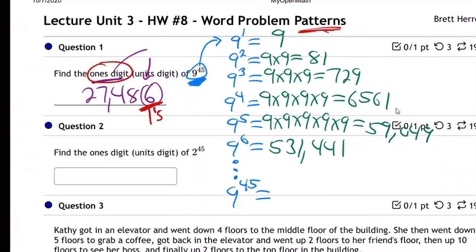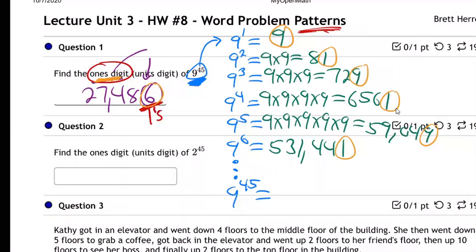Any ideas? It switches from 1 to 9. Oh, yeah. Right. Remember, we're just looking for the last digit, the ones digit. So it's just 9, 1, 9, 1, 9, 1. Yeah, look at that.